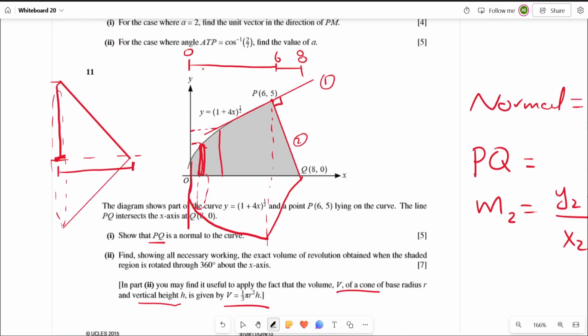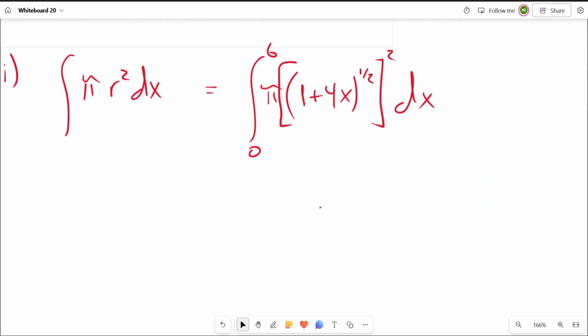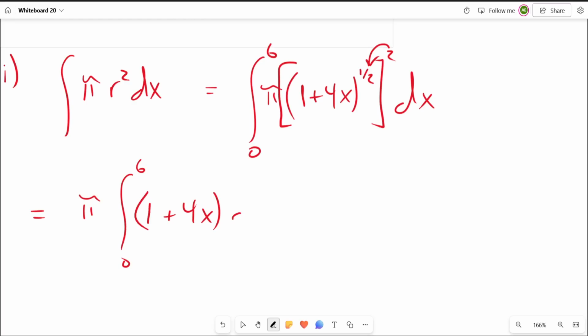As I said, I'm going to take the first part from 0 to 6, so my integral bounds are from 0 to 6. Now let's try to find this. I'm going to take pi outside, and the integral from 0 to 6 of, when I distribute the power 2 inside, it's 2 times half, so it's going to be to the power of 1. So basically 1 plus 4x, and then dx.